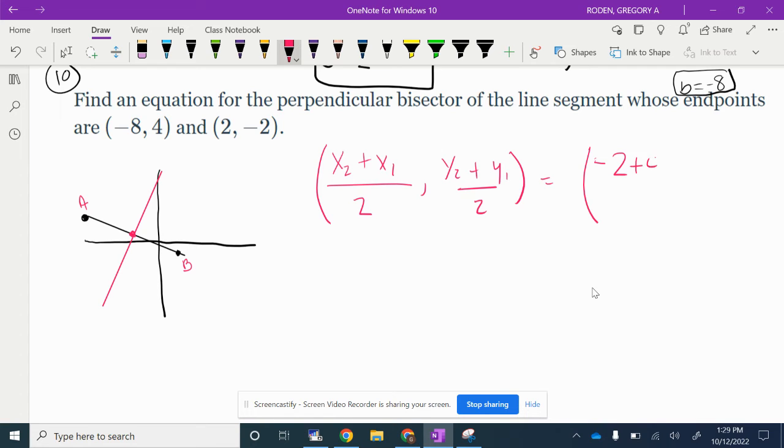Negative 2 plus 4 over what? Over 2, comma, 2 plus negative 8 over 2.